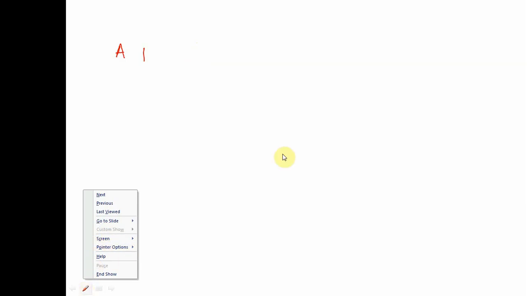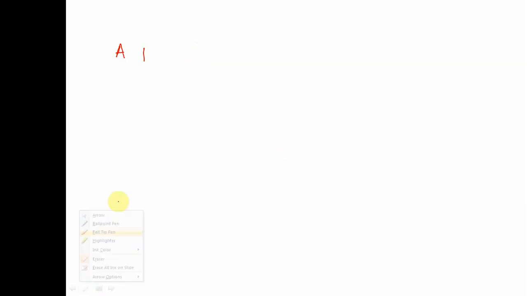Now we will take another example of simplification, a simple example: A plus AB is equal to A. Here this one is the LHS side and this one is the RHS side.